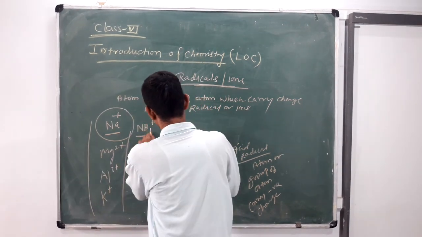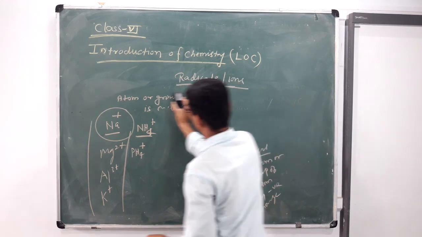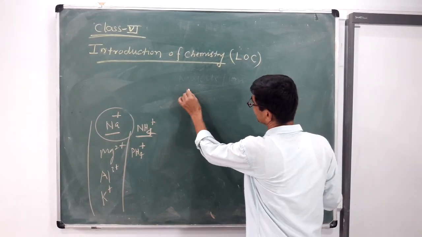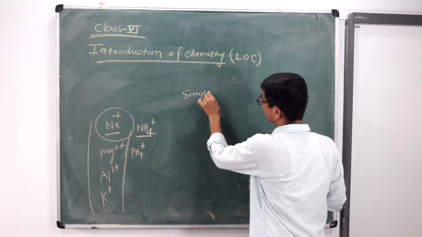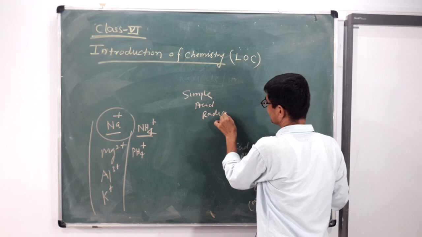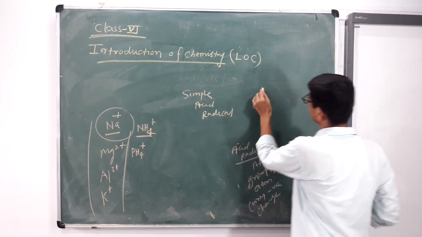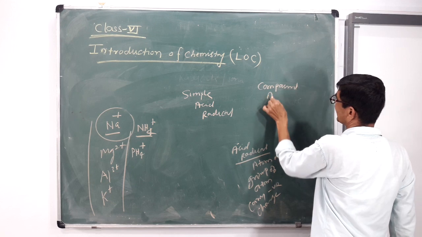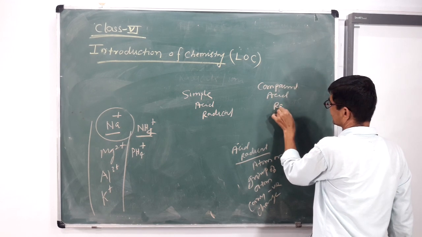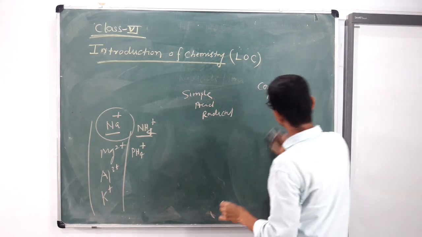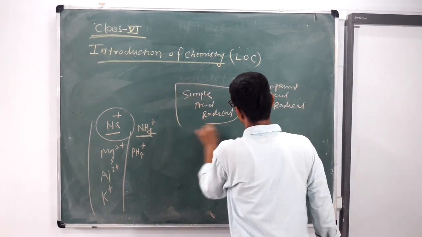One is called simple acid radical, and another is called compound acid radical. So acid radicals are two types: simple acid radical and compound acid radical.